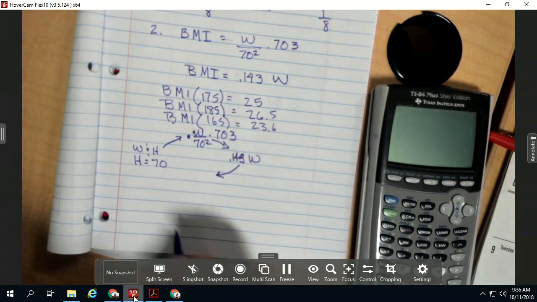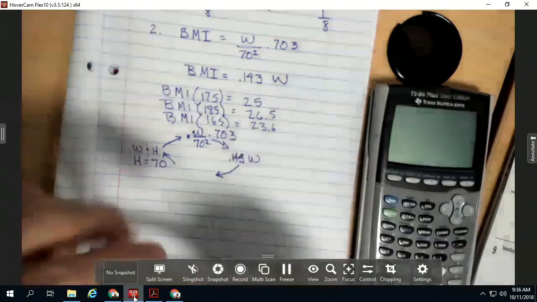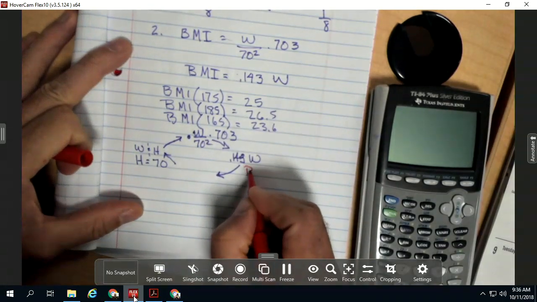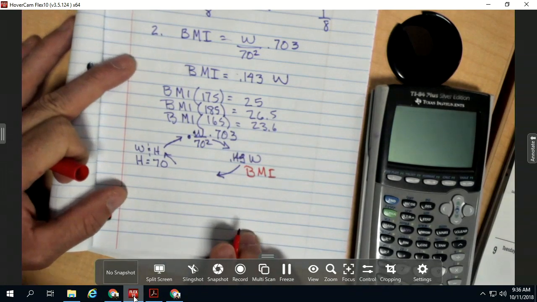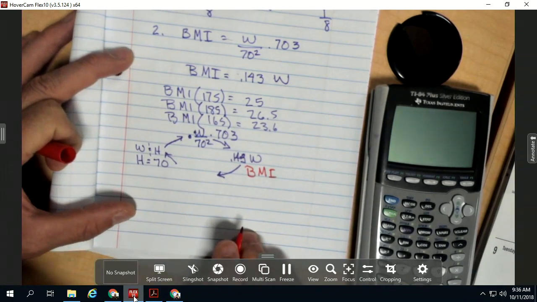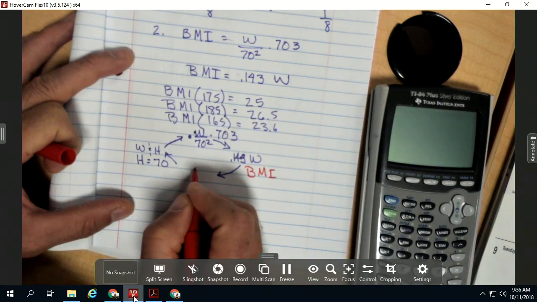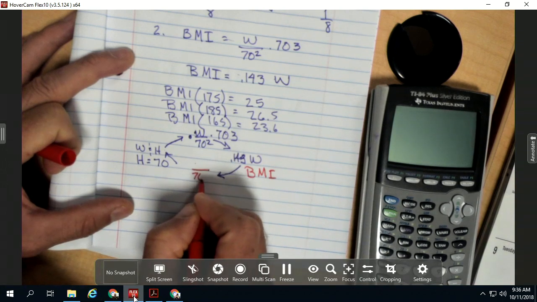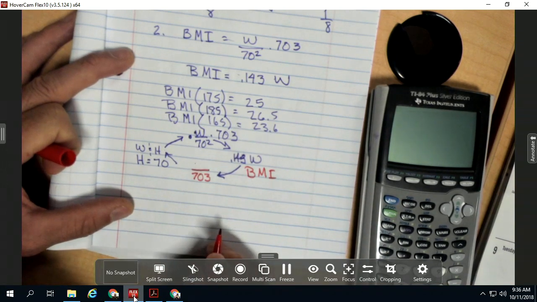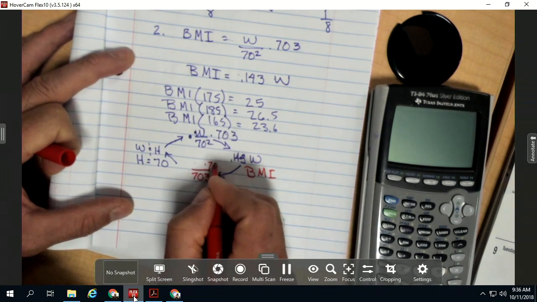What would be the steps to figure out how to go from BMI to the weight? What should we do? Take the BMI, divide by 703, and multiply by 70 squared.